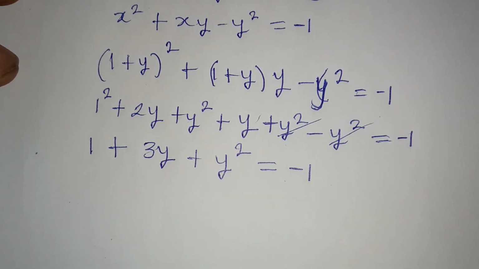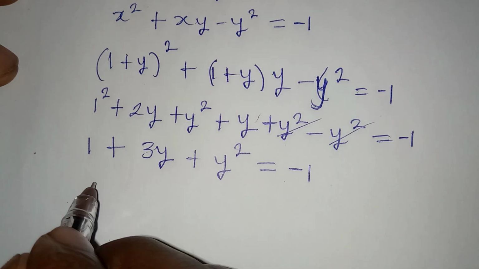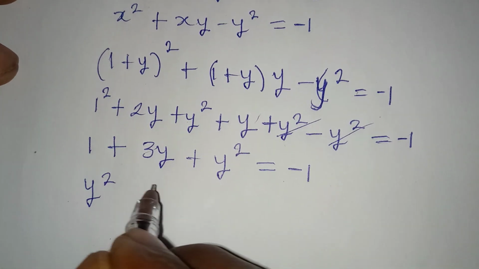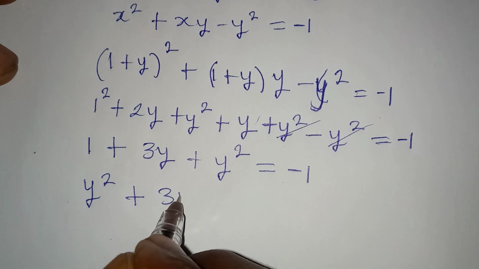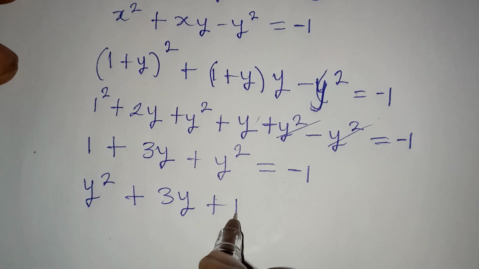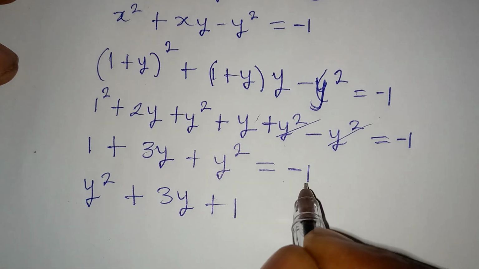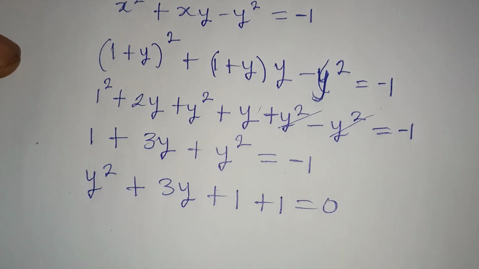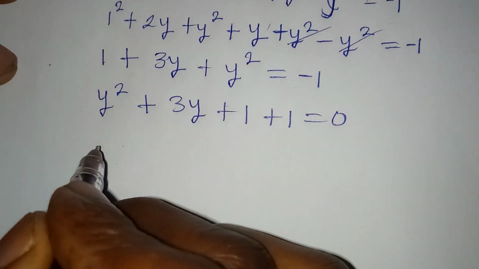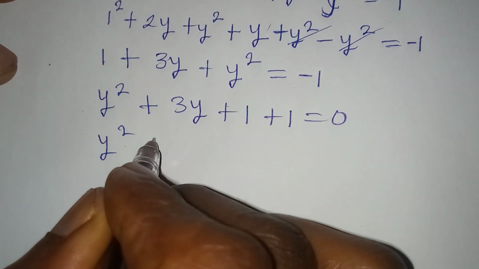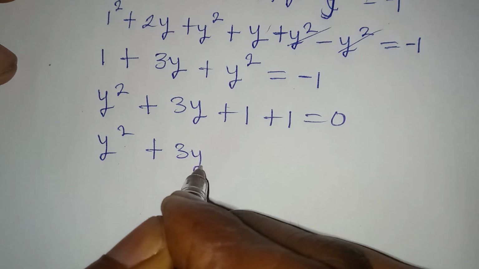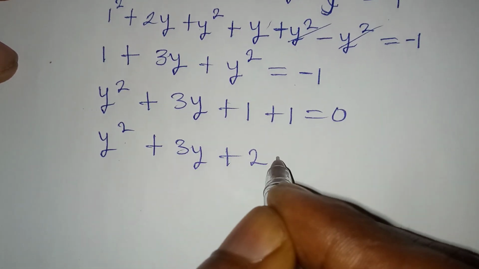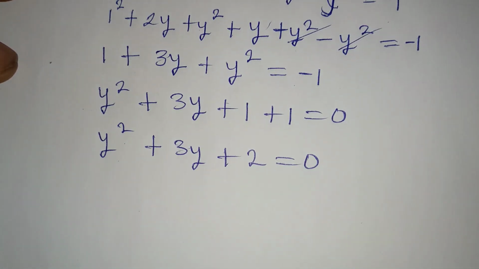Now let us arrange this in a better way so that we have y squared plus 3y plus 1. Then the -1 will come here to become plus 1 as well, and this is equal to 0. So this means we're having y squared plus 3y plus 2 equal to 0.